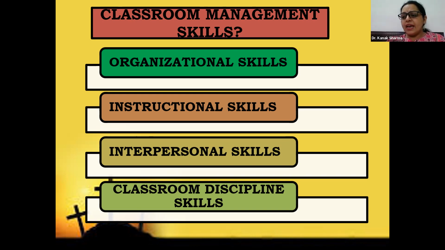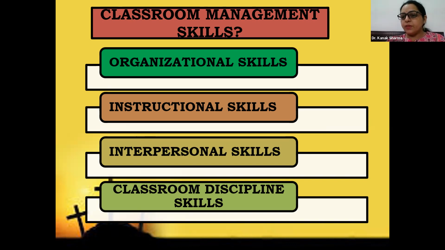So planning and organizing comes in this organizational skill, and under this planning and organizational skill, the classroom environment is also there, and classroom time is also there, and resources are also there: how I will utilize the available resources, how I will use the classroom time properly, how I will organize my classroom environment.